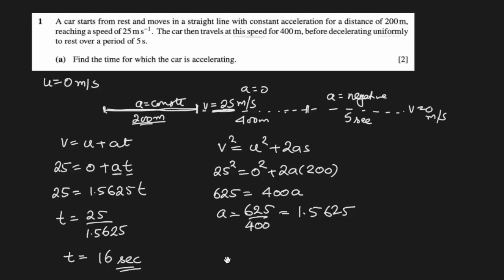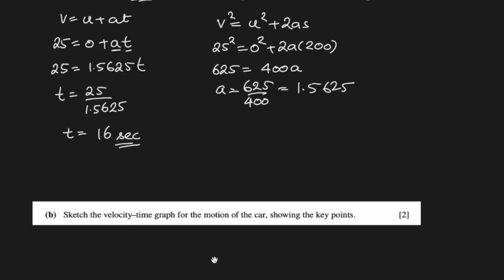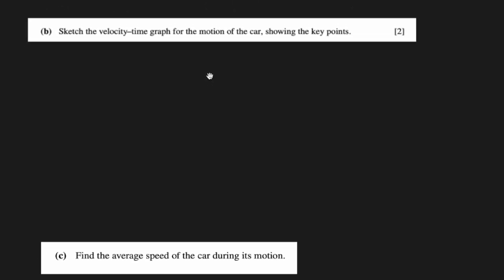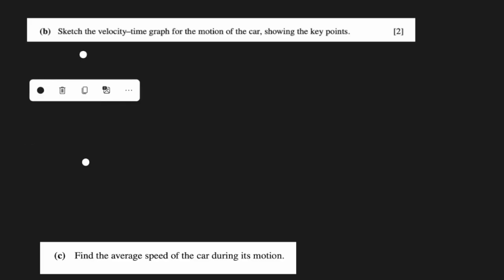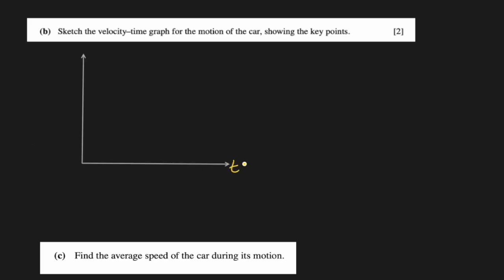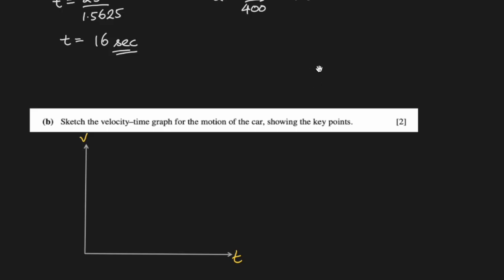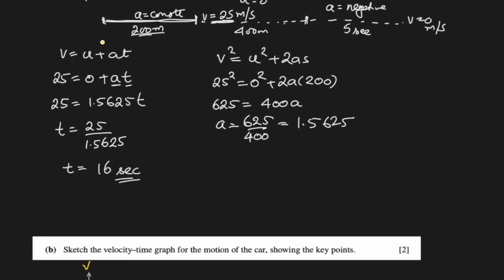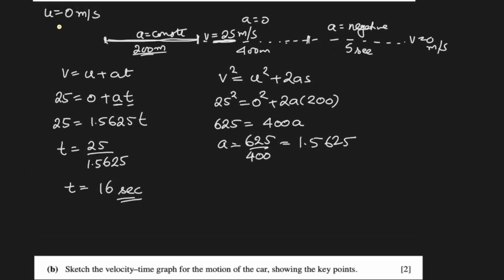Okay, next part. Sketch the velocity time graph for the motion of the car. For that I'll need a vertical line. So this is T for me, this is V, velocity. So in first stage, it started at 0 meters per second, and then it reached 25 meters per second.